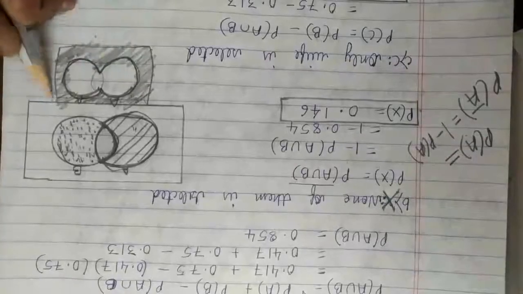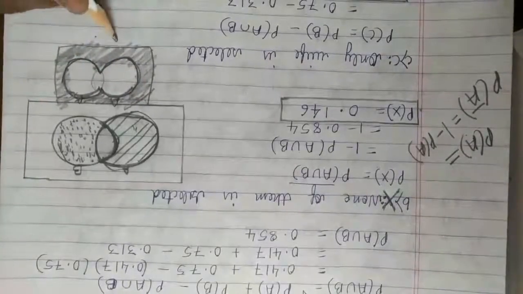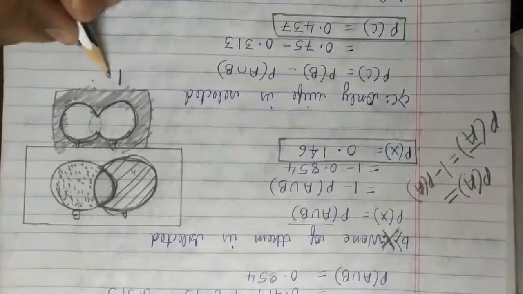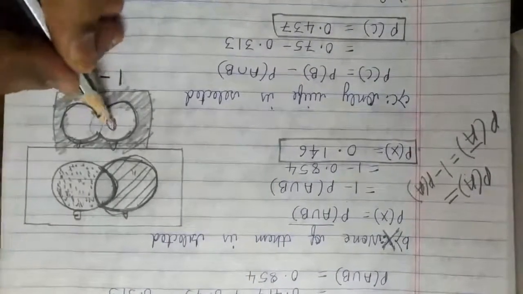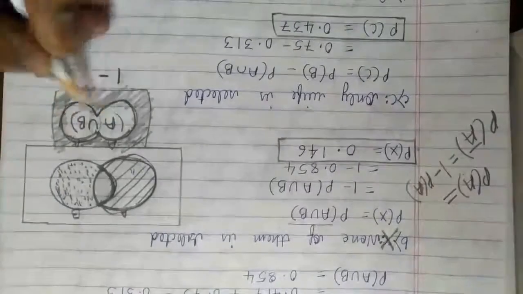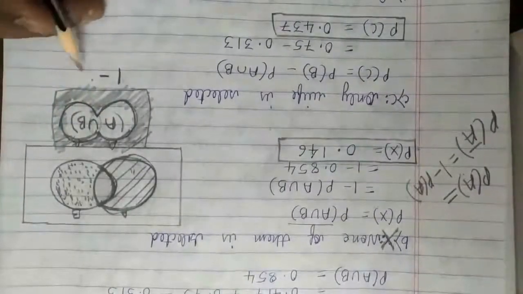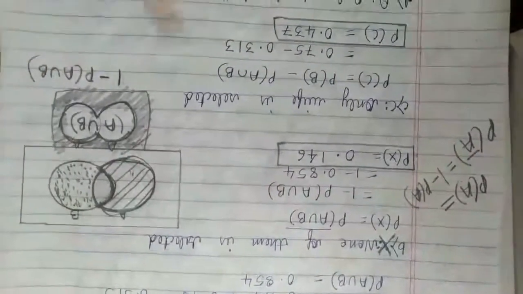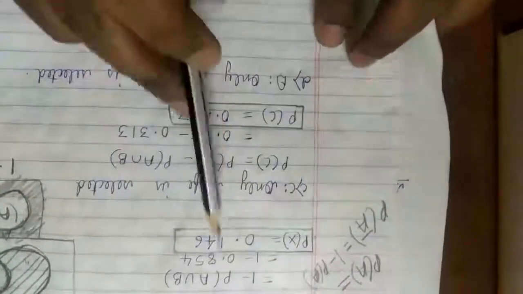So if one is the area of the entire rectangle, the required region will be 1 minus this, and I know this is A union B, A or B, addition theorem. So probability of A union B comes, and that is how I have solved this problem.